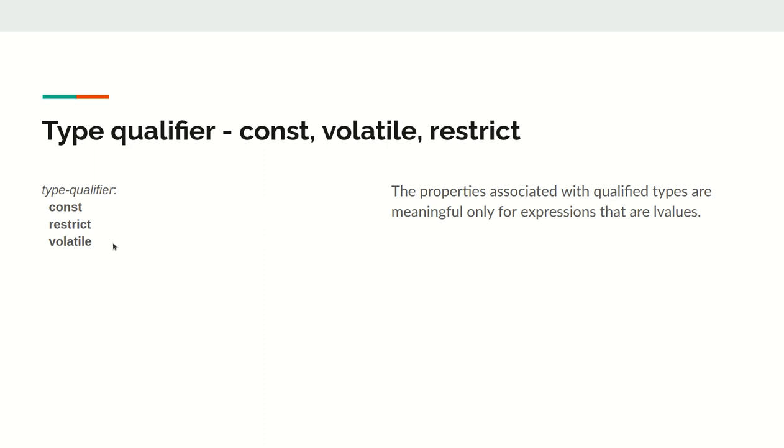It will avoid those optimizations. It will always keep the space for it, and always access the identifier whenever we use it. So these are the type qualifiers.